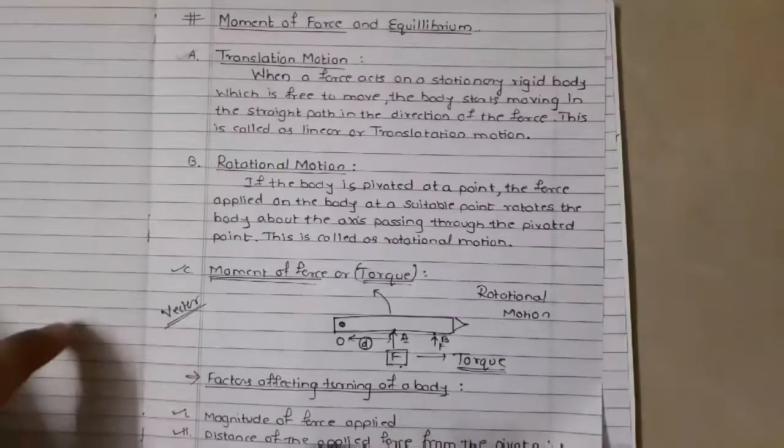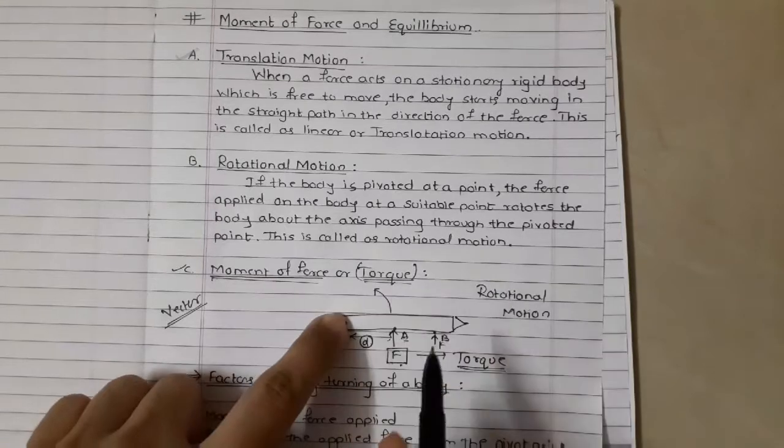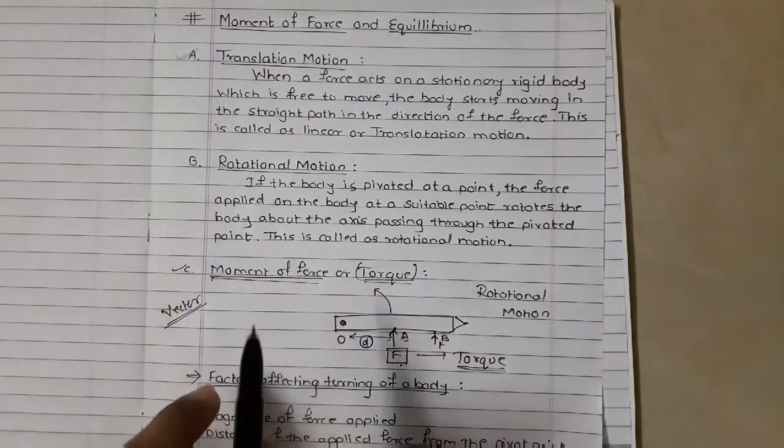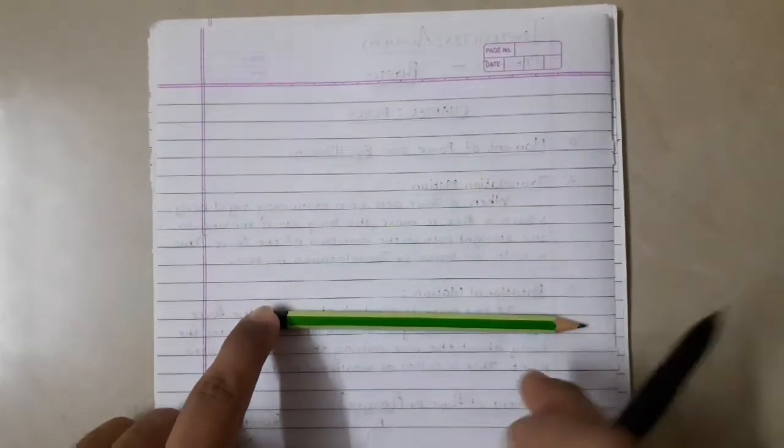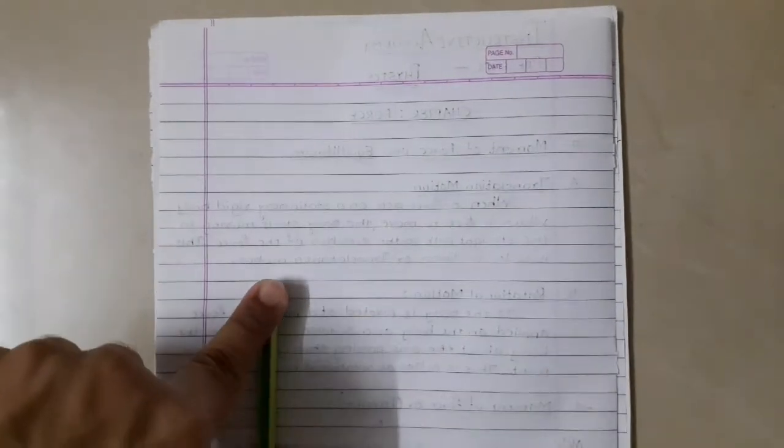So the next topic is exactly how the body will move if it is pivoted at a point. Definitely it is going to move in two directions, either anti-clockwise or clockwise. As we discussed in all the examples with the help of this pencil, either it will move in this direction or in this direction.